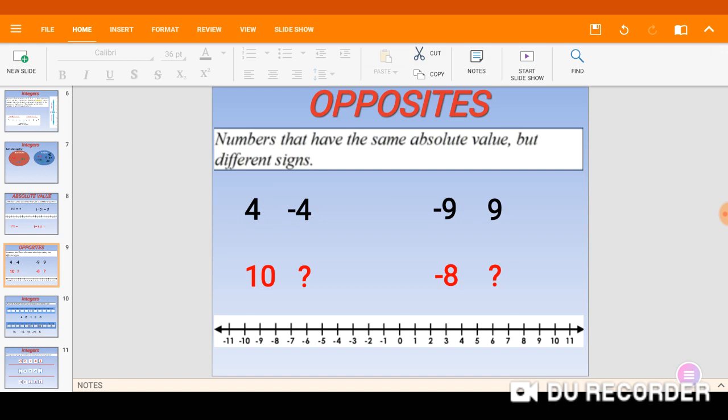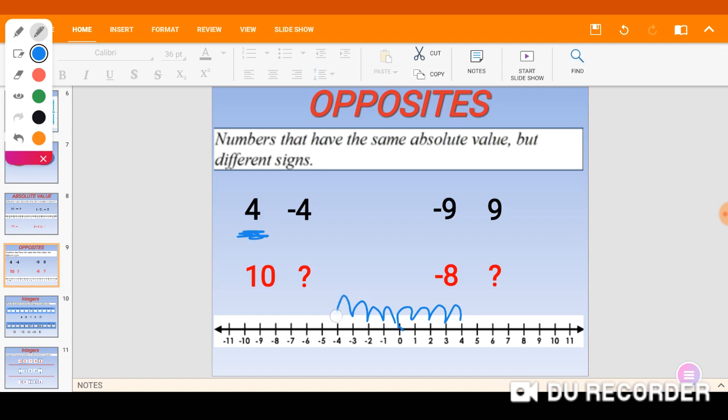The numbers that have the same absolute value but different signs are called opposites, like 4 and negative 4. 4 is 4 spaces far from 0: 1, 2, 3, 4. And negative 4 is also 4 from 0: 1, 2, 3, 4. So negative 4 is the opposite of 4, and 4 is the opposite of negative 4.